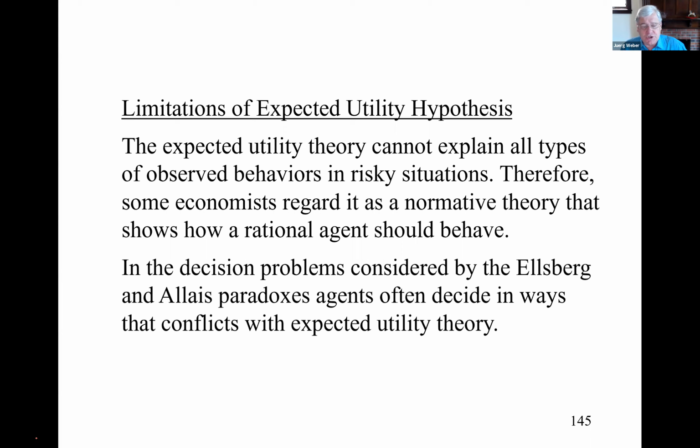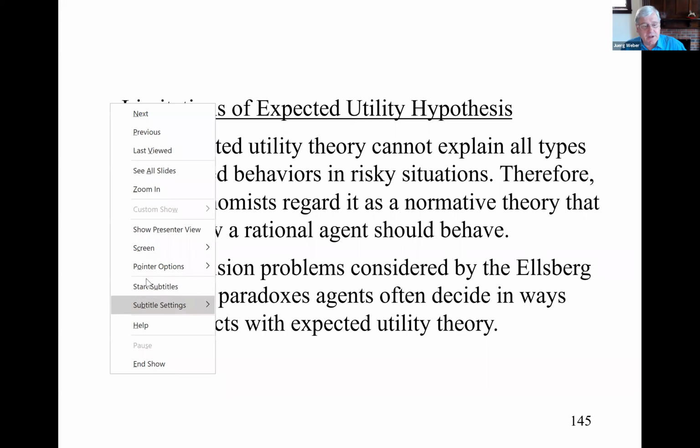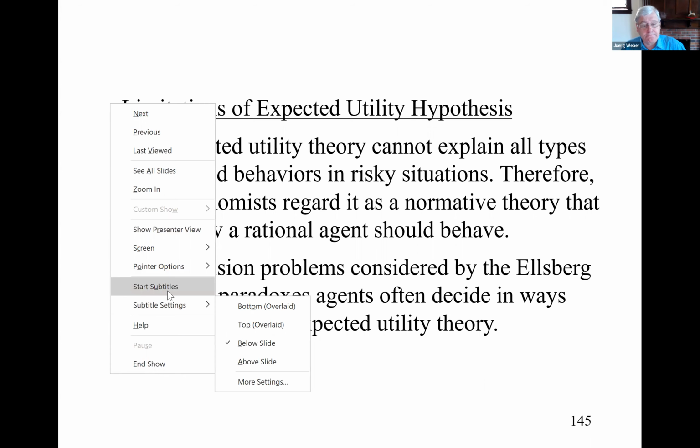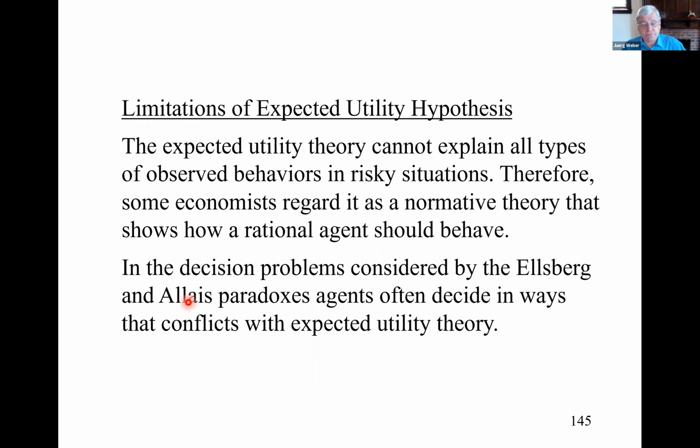Now, there are two paradoxes, the Ellsberg paradox and the Allais paradox. In those two situations that the paradoxes look at, people can behave in ways that conflict with expected utility theory.